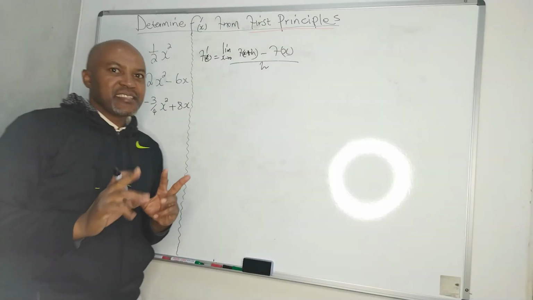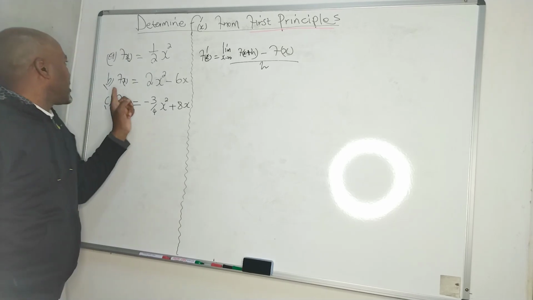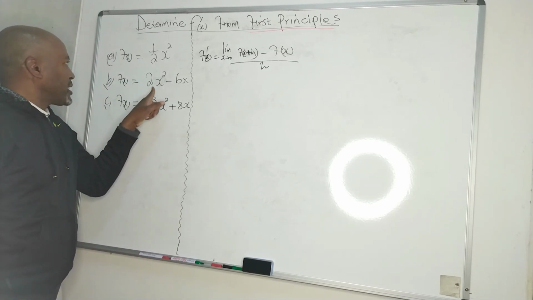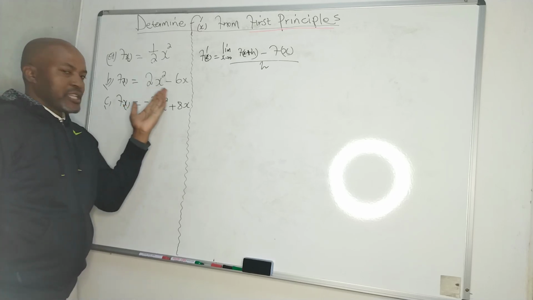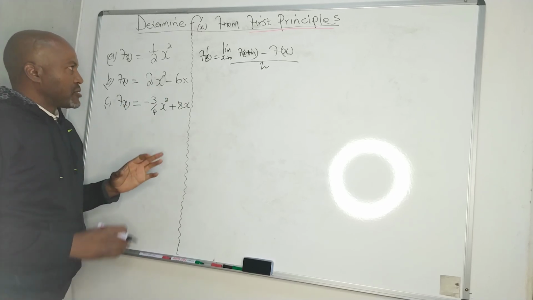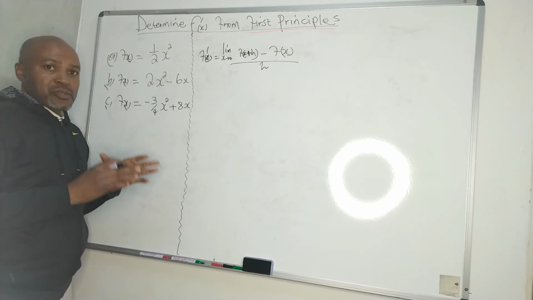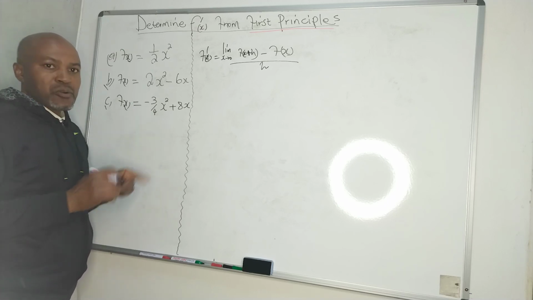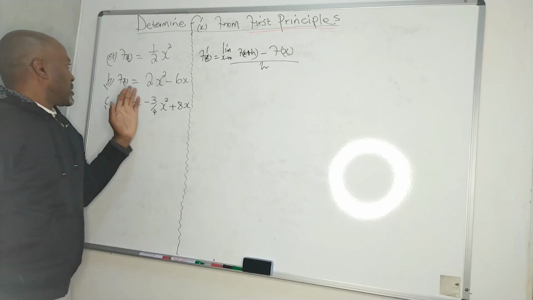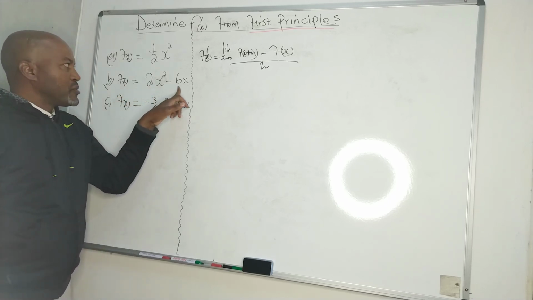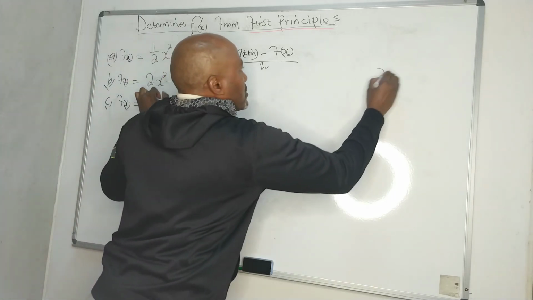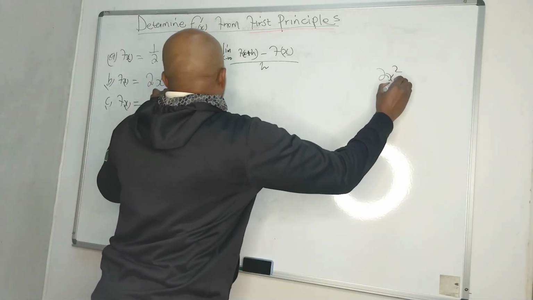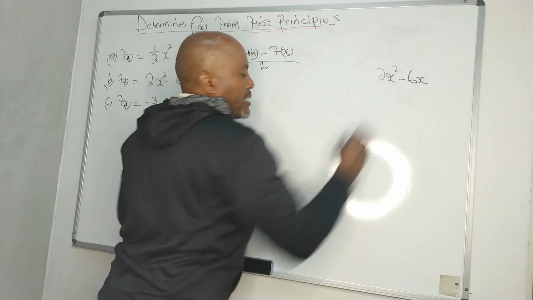Okay, number B. Number B says f of x equals 2x squared minus 6x. Again, you need to check this so that you get what you are going to get, right? How to differentiate this? 2x squared minus 6x.